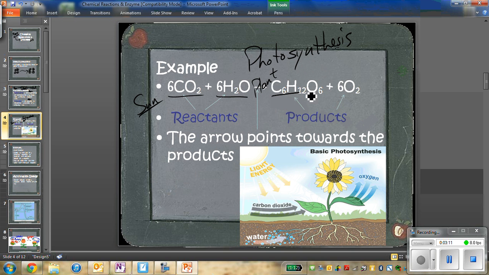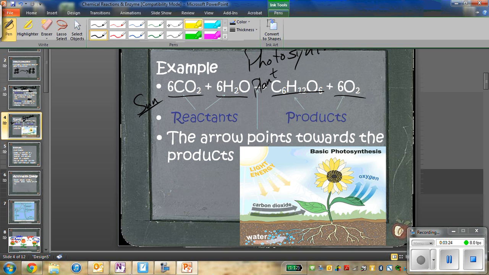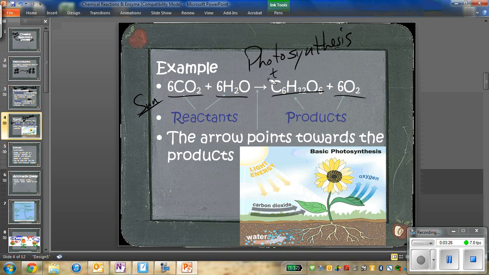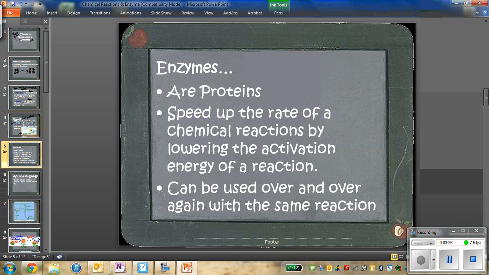The products in this case are sugar and oxygen. Plants take in the CO2 as a reactant, and they pump out sugar, which is the product. Again, the arrow is pointing towards the product, so you can tell which one is which. The reactants are on our left, the products are on our right. Here's a pictorial depiction of what's going on too.